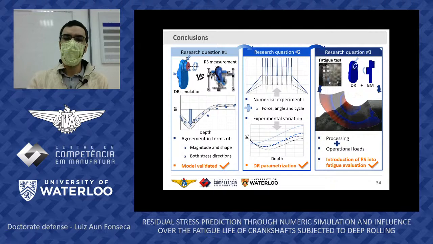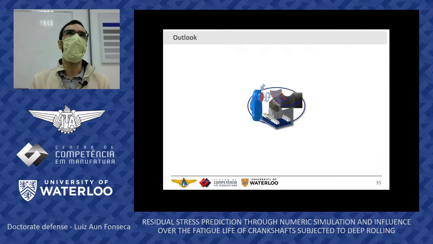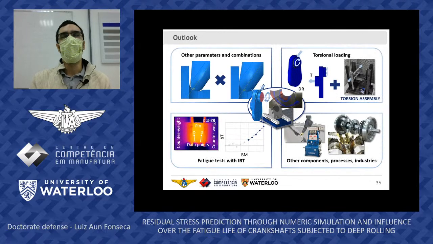And I guess this methodology, everything that was done here, from the deep rolling modeling to the residual stress assessment and how to assess the final fatigue and simulation results, can be applied to other challenges, such as changing other parameters of the same simulation and making combinations between parameters. We also have the test rig prepared for torsional loading, so we can apply the exact same prediction tool here for torsion.